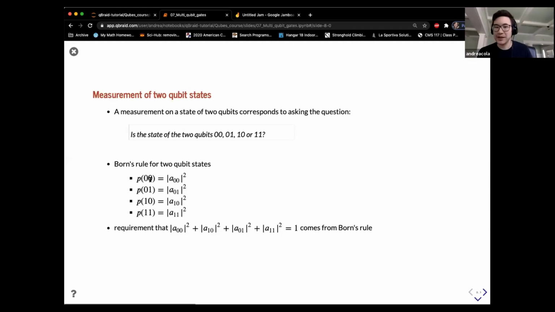The probability of 0, 0 will just be the 0, 0 amplitude: you take the modulus and you square it. Similarly for all the others. Just a natural generalization to 4 dimensions. And the requirement, because the probabilities have to sum up to 1, is that the modulus squares of the amplitudes sum to 1, meaning the vector has norm 1. Hopefully this is quite natural.